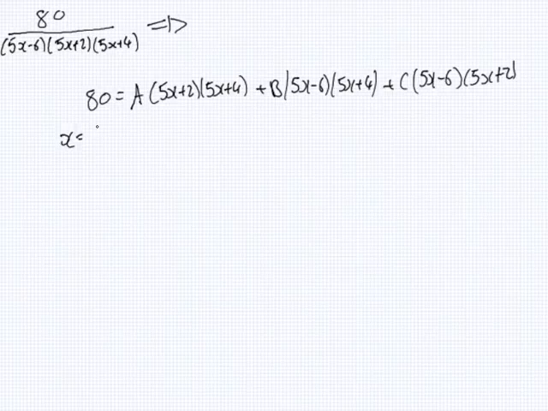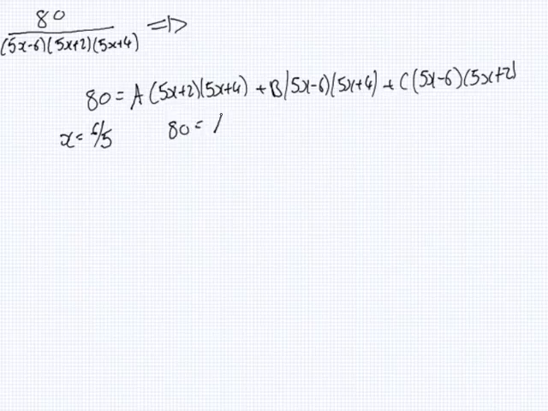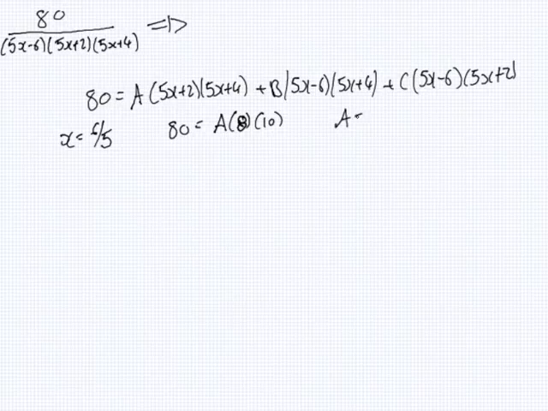X equals 6 over 5. So that means you'll get 80 equals A times 8 times 8, and then this would be 6 over 5 times 10. So A equals 1. Then X equals minus 2 over 5.